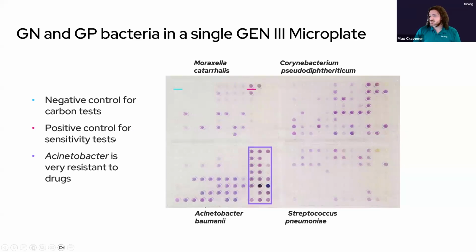So we can see here that we have a negative control in each plate that should not have any color development, a positive control that contains glucose, where each of the organisms should grow, and then we can see that in the right-hand side of the plate where our antibiotic resistance is, that Acinetobacter is actually one of the only ones that's resistant to all those drugs. So not only can you identify your organism using these plates, but you can also learn more about it as well.